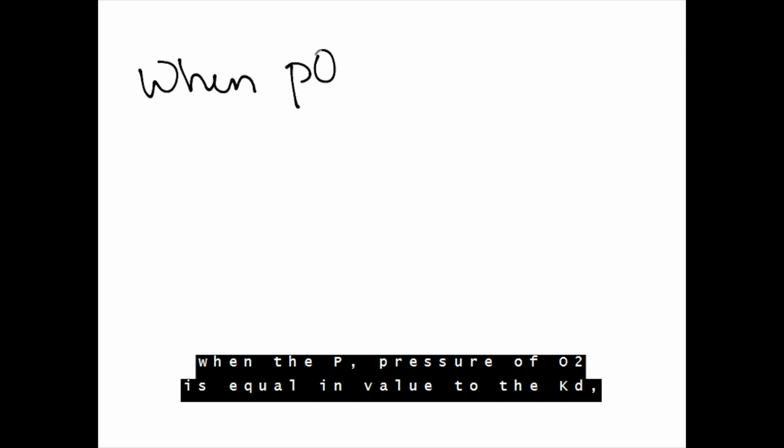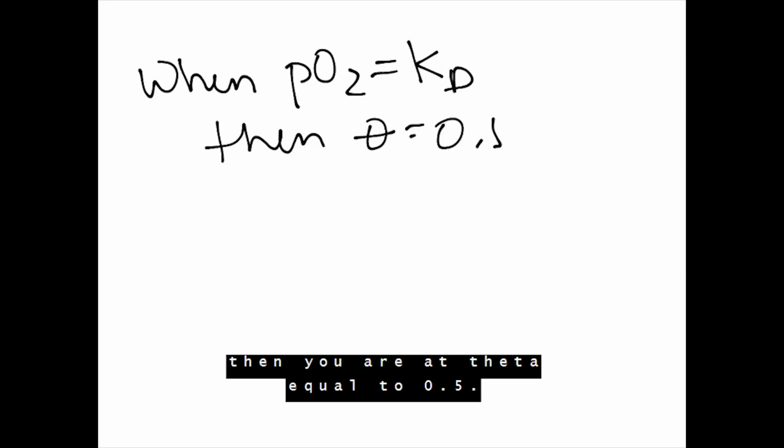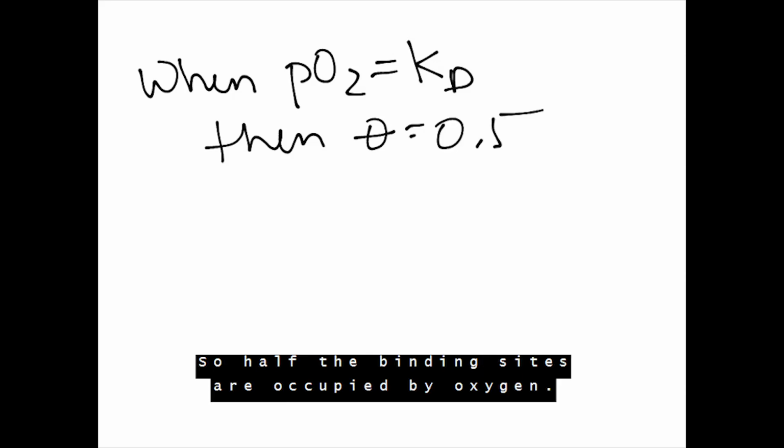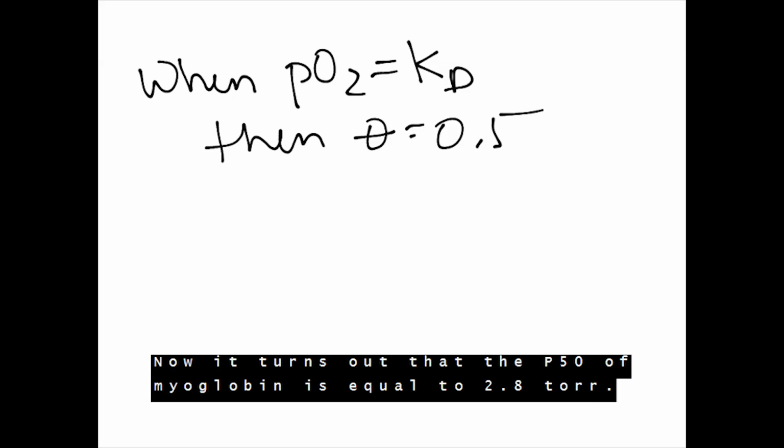So that means, let's write that out, when the pressure of O2 is equal in value to the KD, then you are at theta equal to 0.5. So half the binding sites are occupied by oxygen. Now it turns out that the P50 of myoglobin is equal to 2.8 torr.